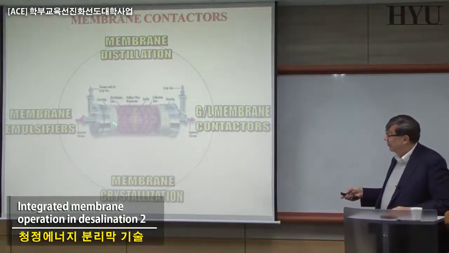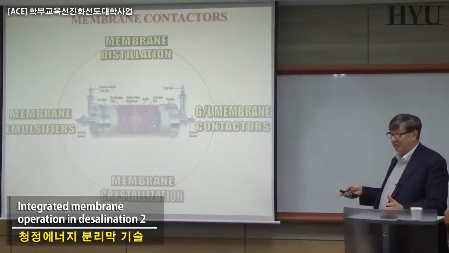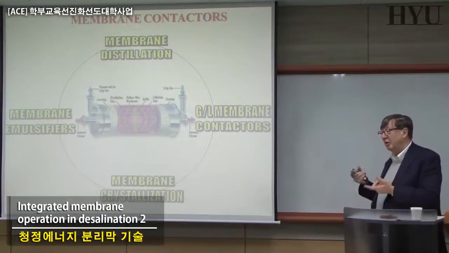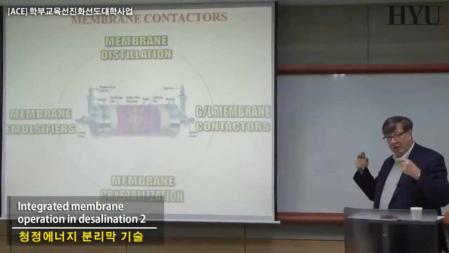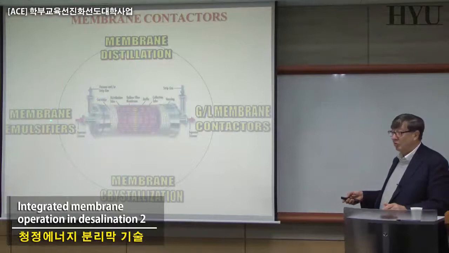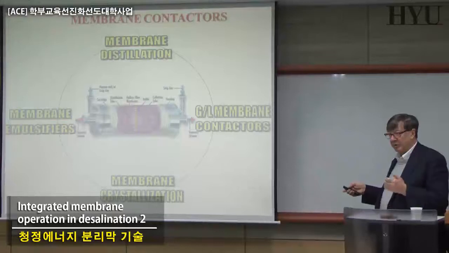However, this kind of module, the hardware, basically all the same, can be easily adapted, changing not the hardware but the software. That means the way of using it, as a traditional crystallizer, distillation, emulsifier, or gas liquid stripper, and so on. So it is very flexible in the application.